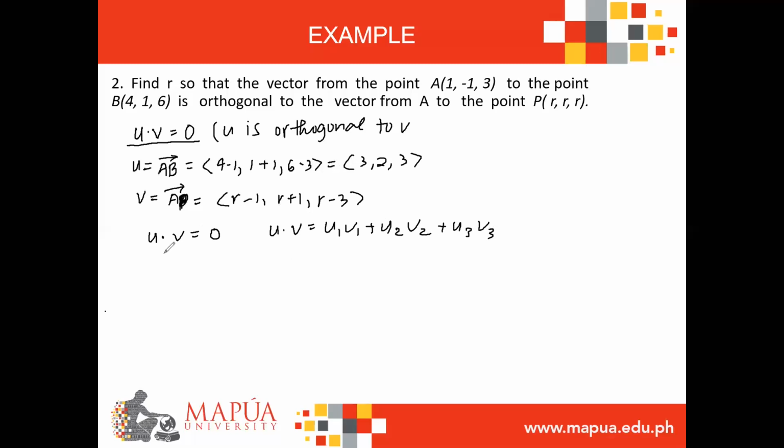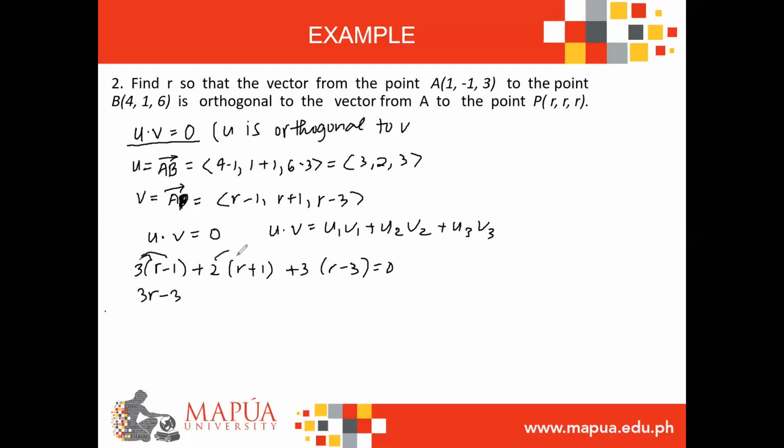So we now have 3 times r minus 1 plus 2 times r plus 1 plus 3 times r minus 3 equals 0. So with that, we now have 3r minus 3.